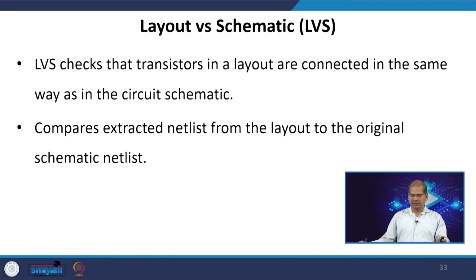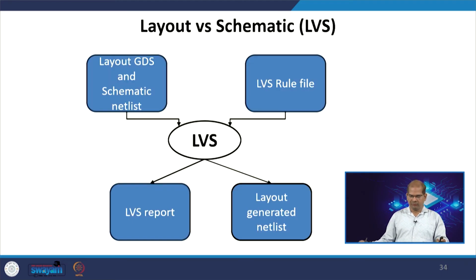Then you have layout versus schematic. Here we have two netlists. One is coming from the schematic, and one is coming from the layout GDS, and both go to the LVS tool.